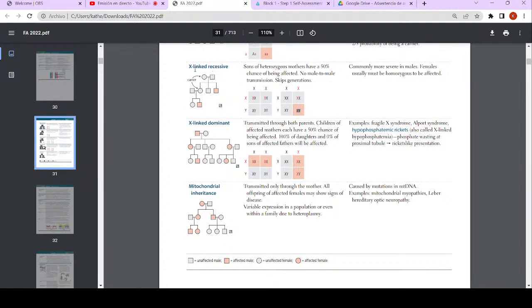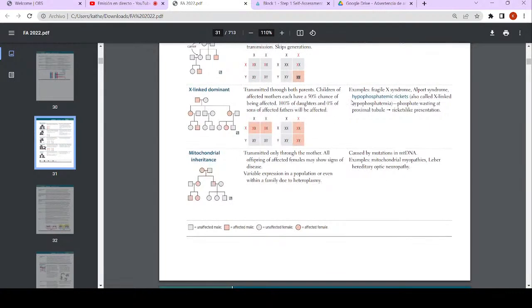It was X-linked recessive, but in X-linked dominant, 100% of daughters and 0% of sons of affected fathers will be affected. So in X-linked dominant, for example, here we have the father who is affected.